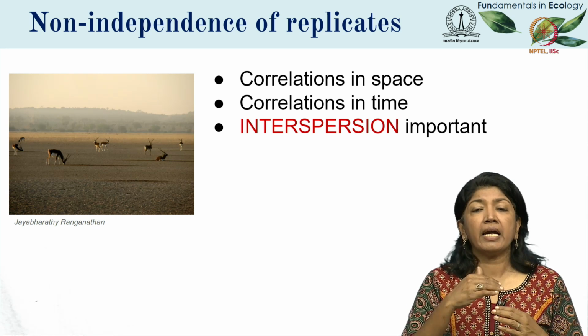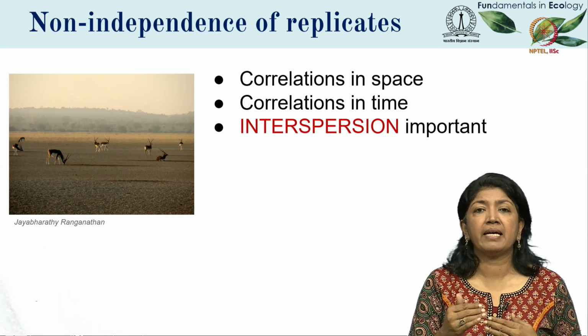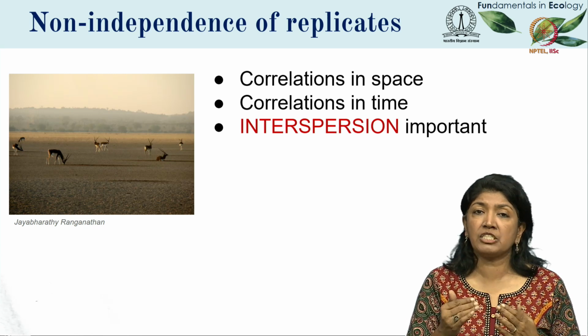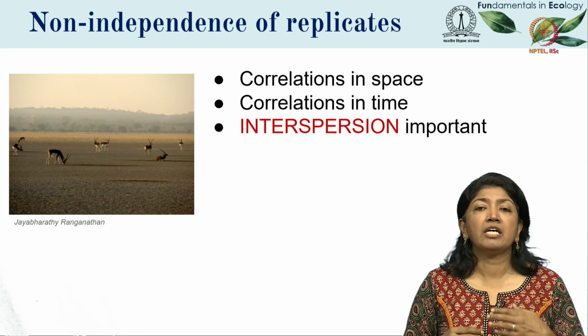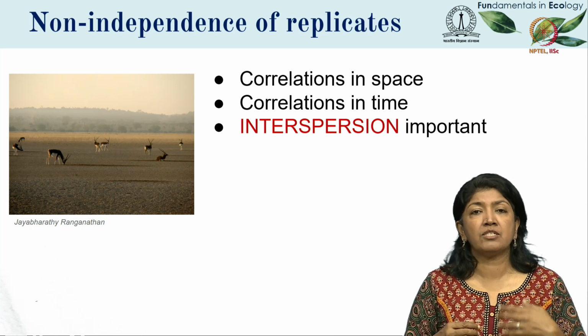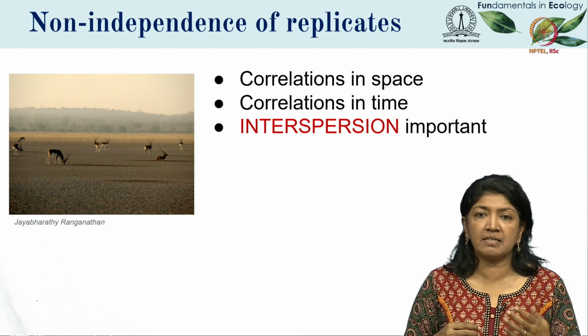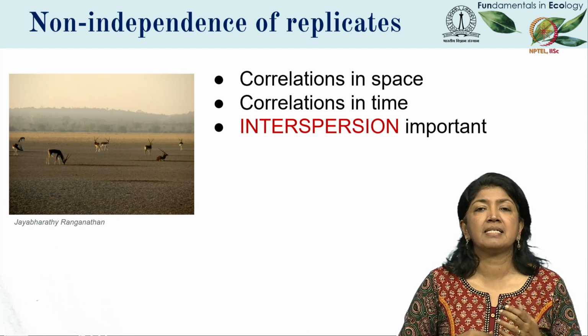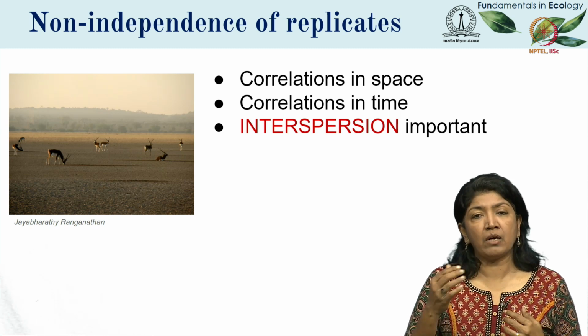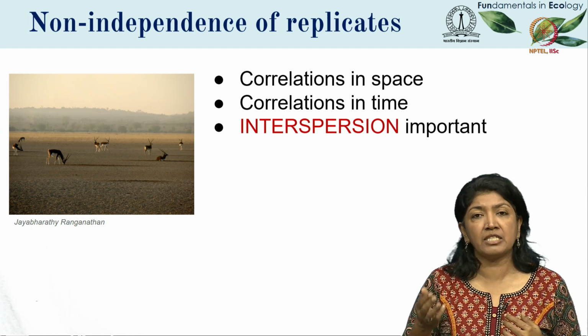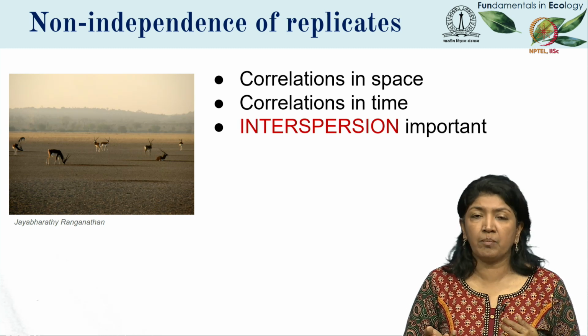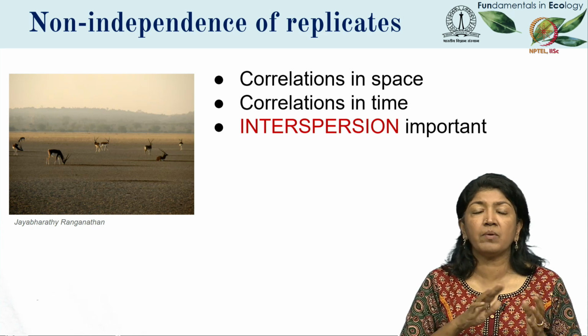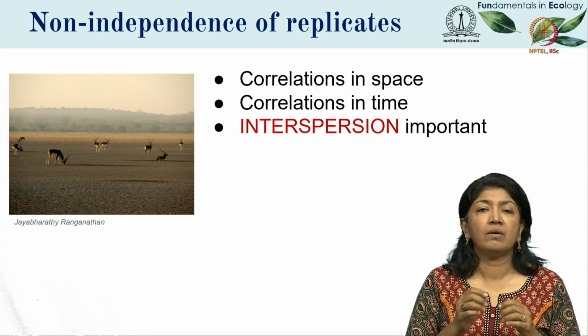That is, I should intersperse my replicates for small and large clusters through time. I should sample some territories on some small and some large clusters in the first part of the mating season, and I should carry out sampling in both small and large clusters in the second part of the mating season also, and in that way break up this correlation with time.